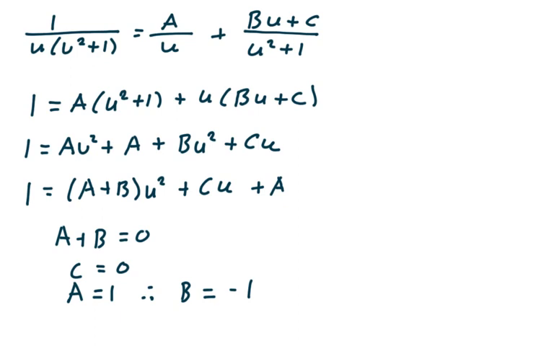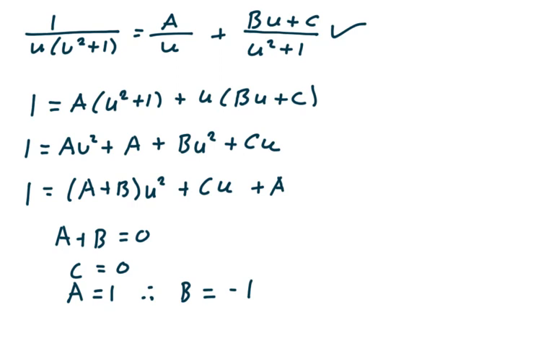So 1 over u times (u squared plus 1) is A over u plus (Bu plus C) over (u squared plus 1). And so this is where you have to do some algebra. So I'm going to multiply both sides by u times (u squared plus 1).